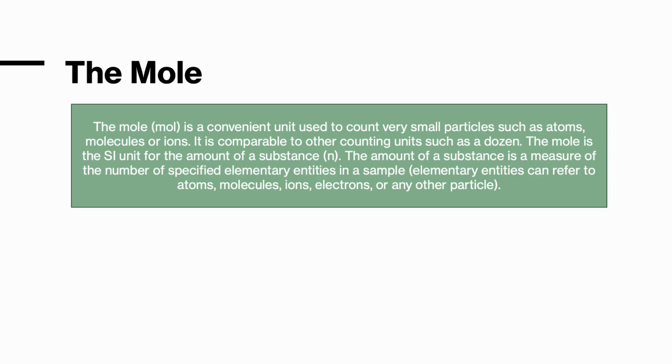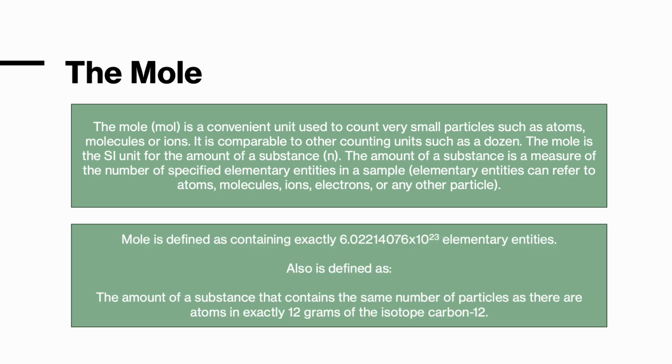The mole is an SI unit for the amount of a substance. The amount of a substance is a measure of the number of specified elementary entities in a sample, and as said earlier, these can refer to atoms, molecules, ions, electrons, protons, neutrons, or any other particle.